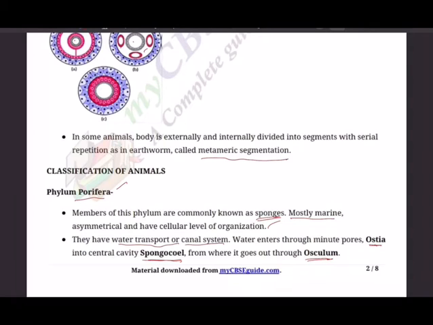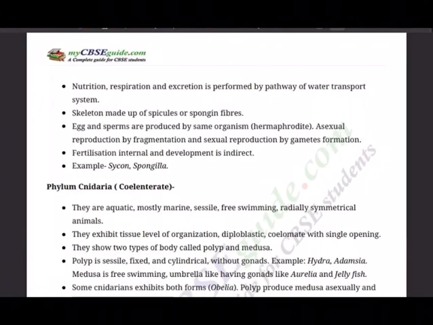These are all technical words that you must recollect. And nutrition, respiration and excretion are performed by the pathway of the water transport system. So it is a multi-purpose use. Skeleton is made up of spicules, spine-like, thorn-like things, and spongin fibers.